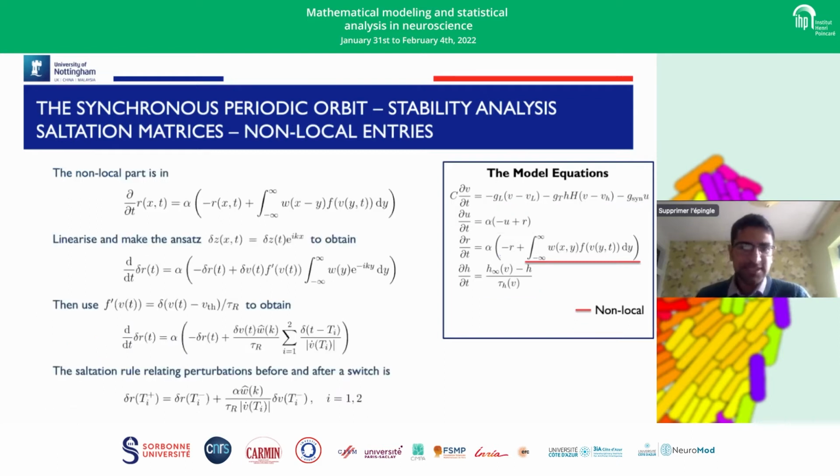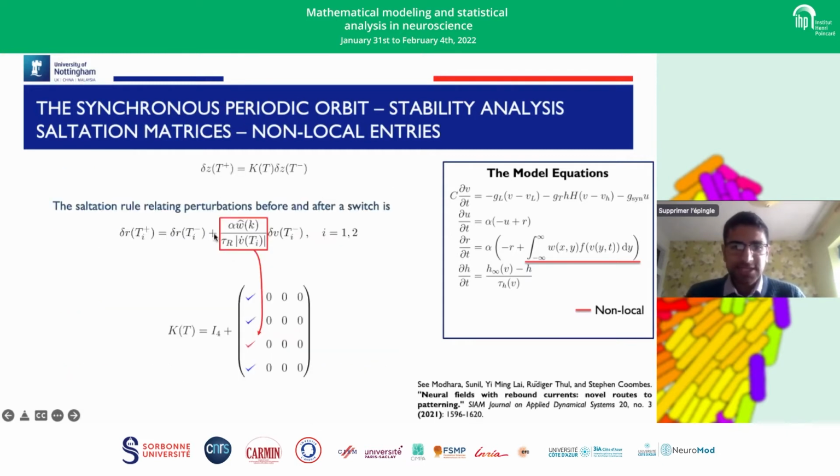Without going through the details, we're able to do this by considering the original equation for this third variable and linearizing to obtain an entry into the salutation matrix, which contains some notion of space. It's the Fourier transform of the connectivity, dependent, of course, upon the wave number. So we've got some notion of space in the salutation matrices.